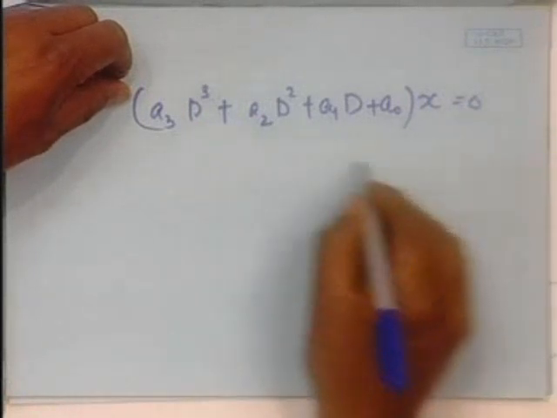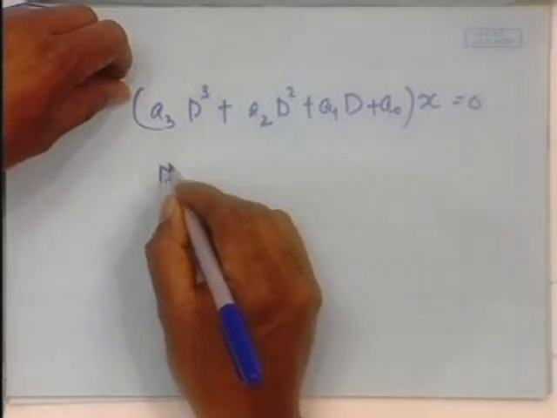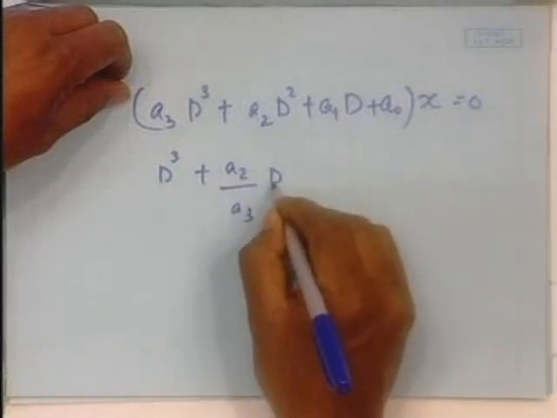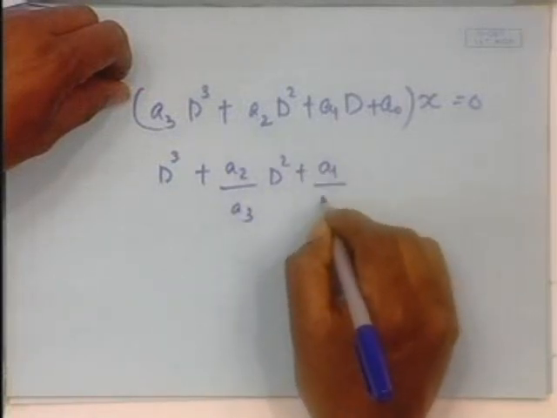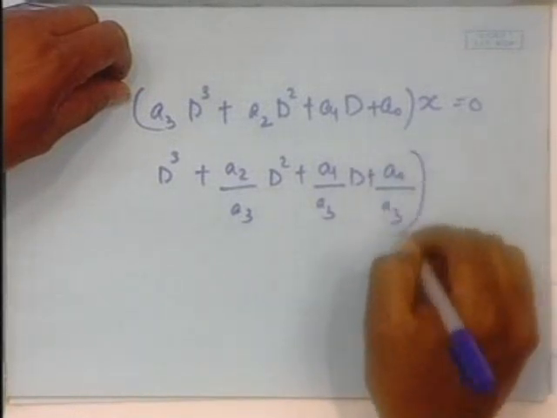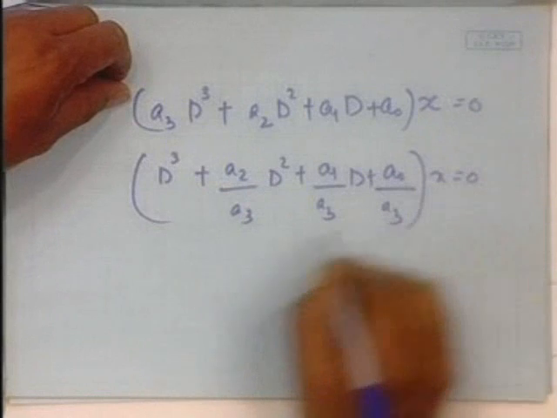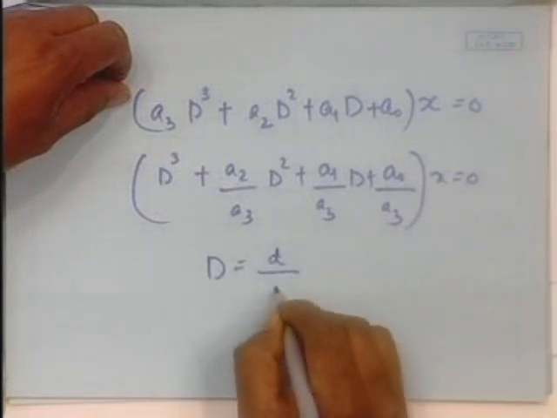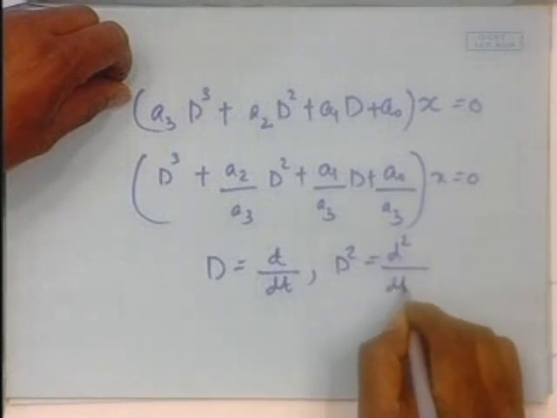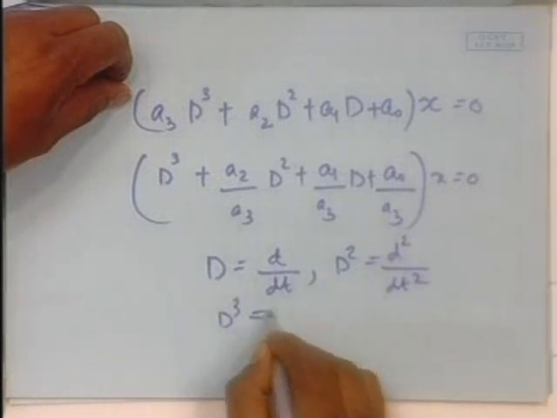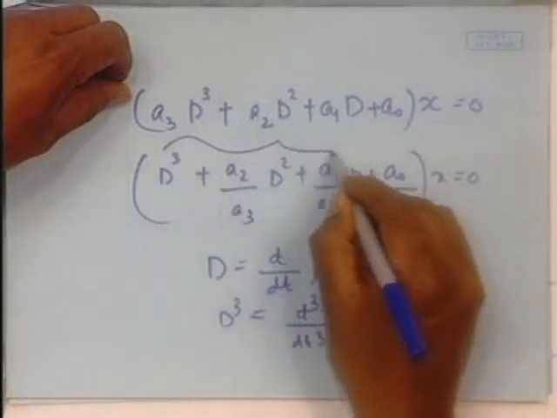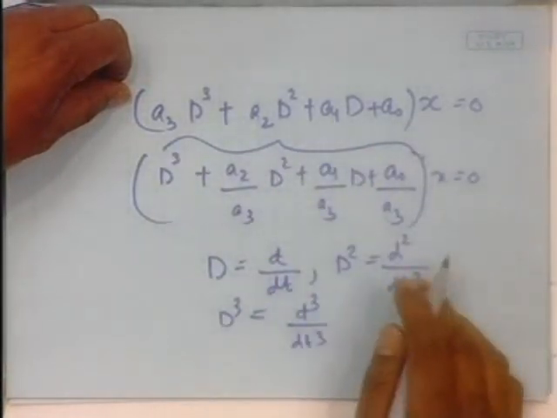If you divide by a3 throughout, you can write D cube plus a2 by a3 D square plus a1 by a3 D plus a0 by a3 into x is equal to 0, where D is the operator d by dt. So you can say D square is equal to d square by dt square and D cube is equal to d cube by dt cube, and this whole polynomial is known as the characteristic polynomial of the differential equation.